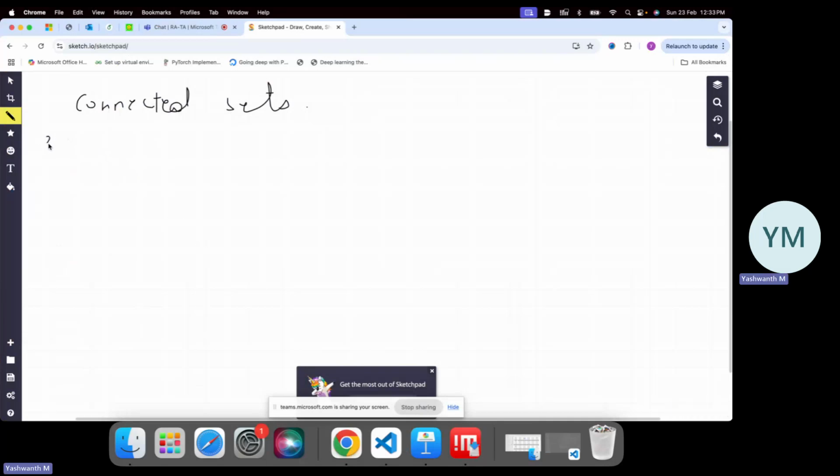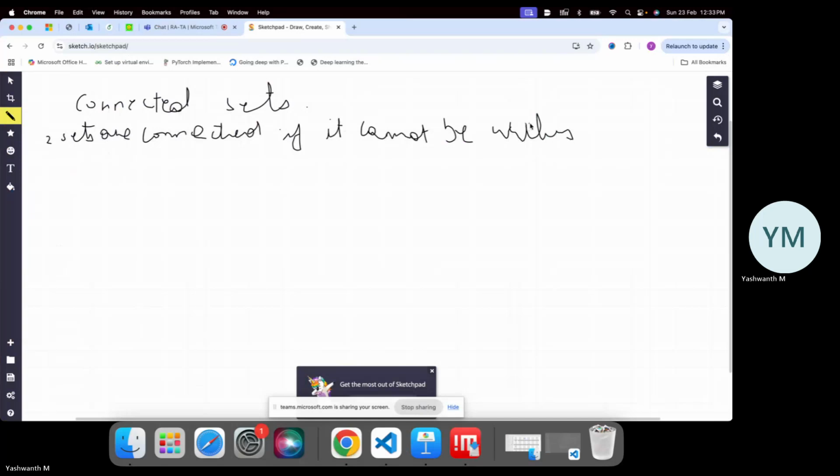A set is connected if it cannot be written as a union of two separated sets.